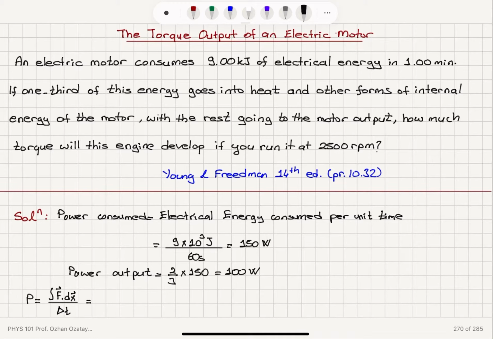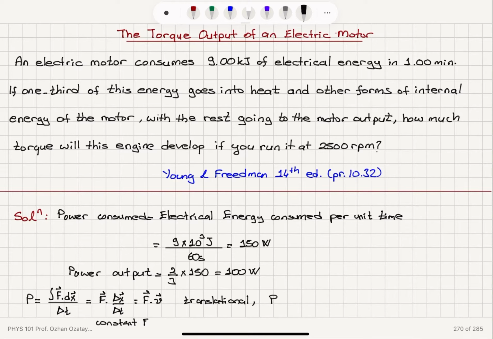And this is for a constant force, F dot product dx over delta t, which is equal to the dot product of the constant force with the velocity. So this is for constant F. And that's the translational power.